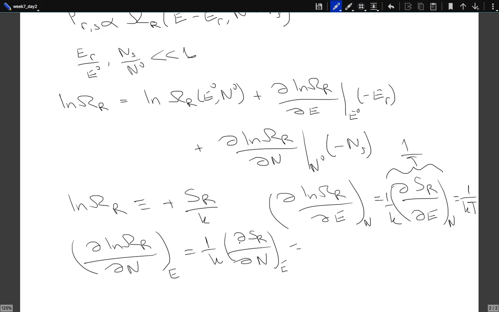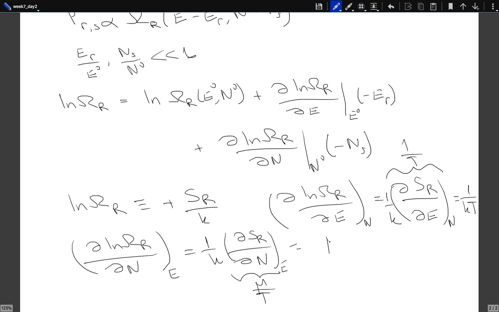And again, this derivative is just mu over T. T is the common temperature, and mu is actually the chemical potential of the reservoir, but when we were discussing thermodynamics, we had seen that if there are particle exchanges, the chemical potentials of the systems exchanging particles are equal in equilibrium. So this mu is the chemical potential of the reservoir, but also of my system.